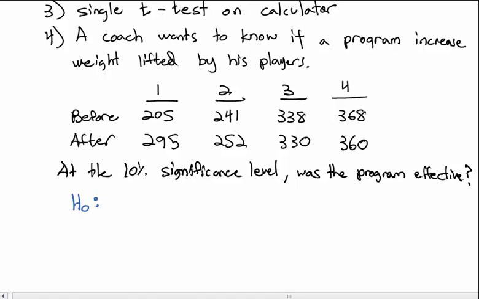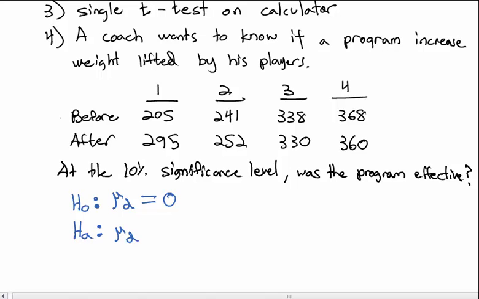The null hypothesis is that the mean difference, because we're subtracting, the mean difference is 0. There is no difference before and after. The alternate hypothesis is that the mean difference is, and now we've got to be careful here, which way are we going to subtract?